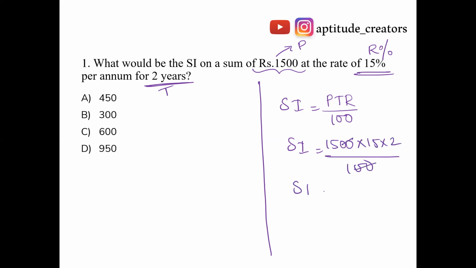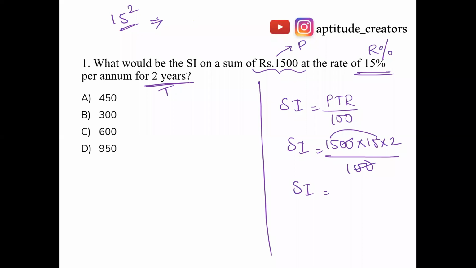Now what is the interest I can expect here? What is 15 square? Without pen and paper also we can say the answer. 225. Correct.